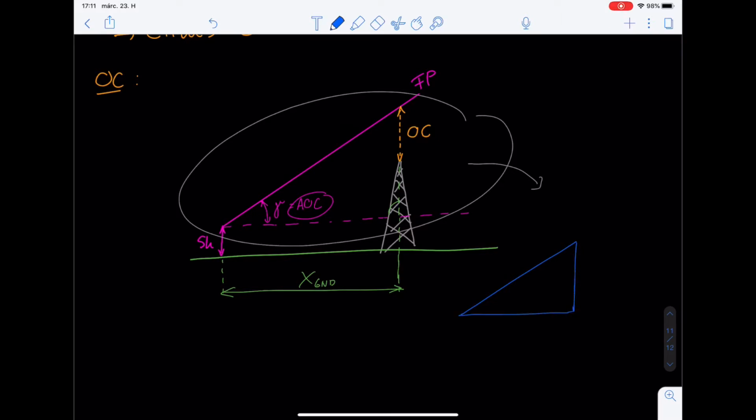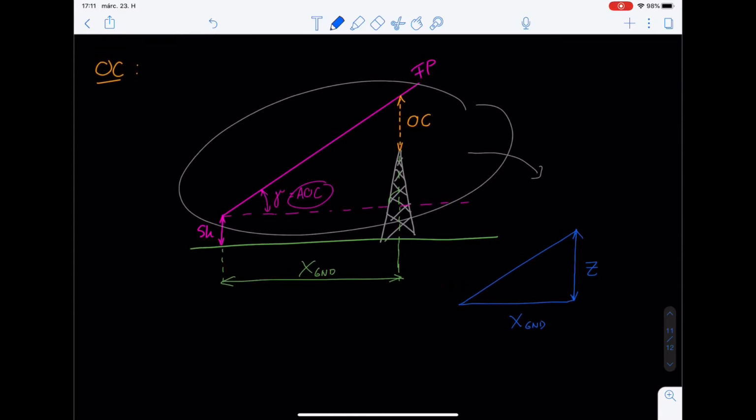Where this would be the x distance that I traveled on the ground, and this is the z vertical direction which I have climbed during the period where I covered the x ground distance. And if I know the gamma, I can easily calculate the z, right? Because the tangent of this gamma flight path angle is the z distance over the x ground distance, and from this I can calculate the z.